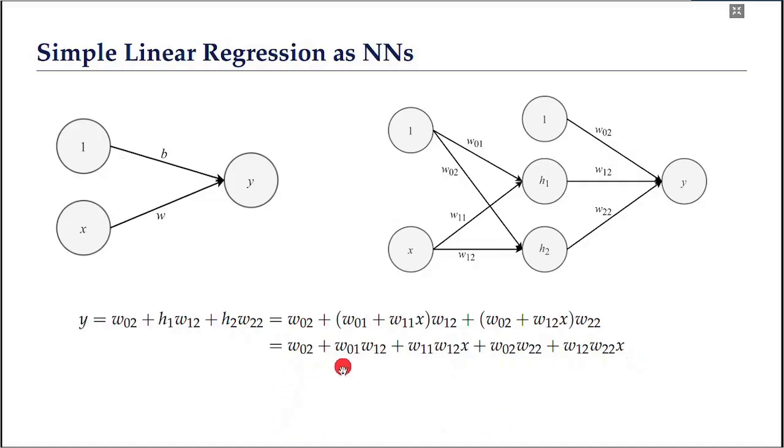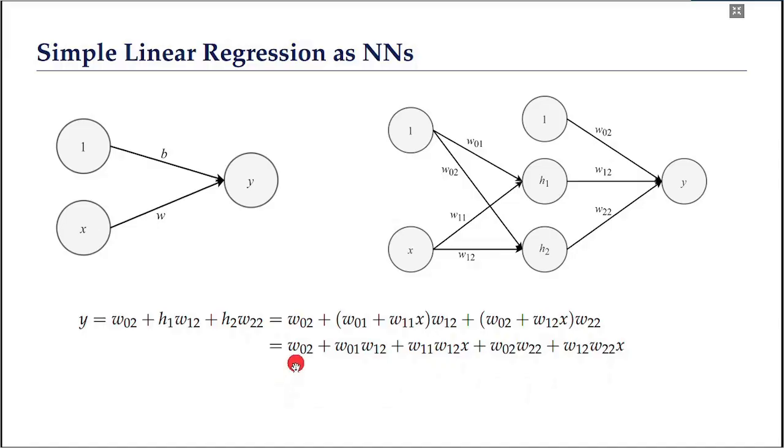Just W02 plus W01 times W12 plus W11 times W12x plus W02 times W22 plus W12 times W22x. Now here we have the covariate x. Let's collect similar terms together.